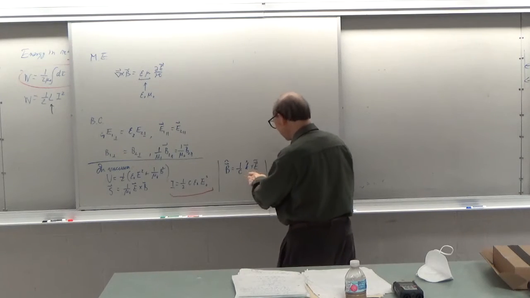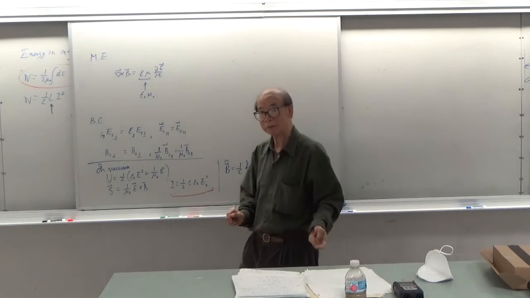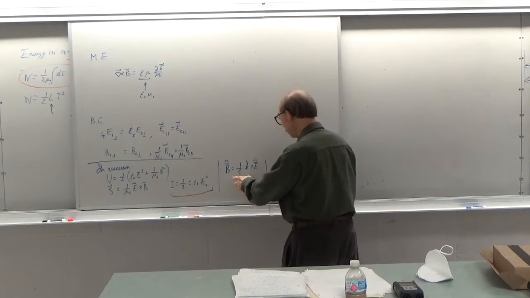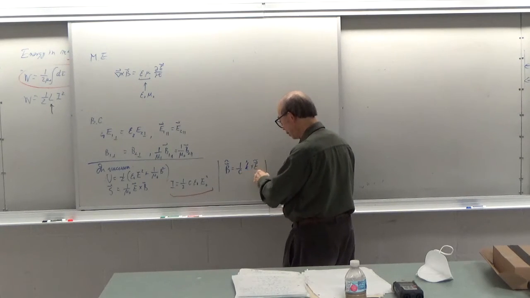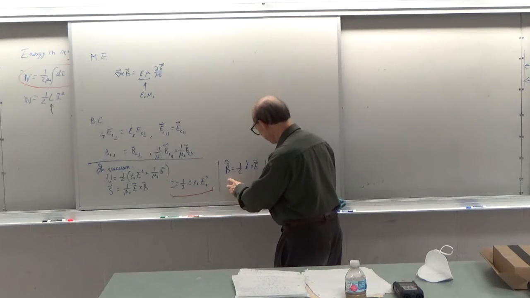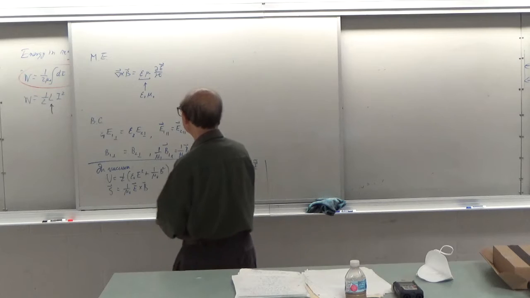All right, and remember that the magnetic B and electric E have different dimensions. In fact, the right thing to do in vacuum is to divide by the speed of light in vacuum on the right hand side, because B has dimension of E divided by speed. All right.